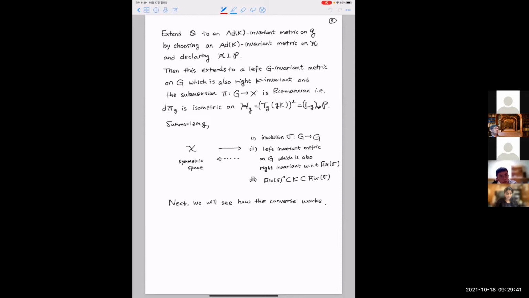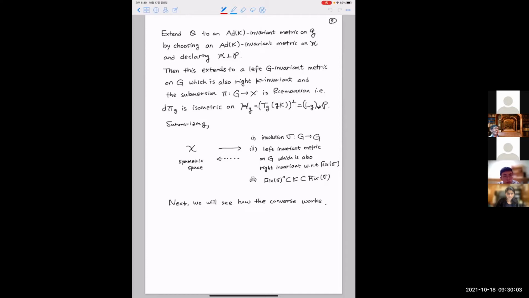So we have the adjoint K-invariant metric on the real algebra of G. Then we can extend it to a left-invariant metric on G, which is also right K-invariant.